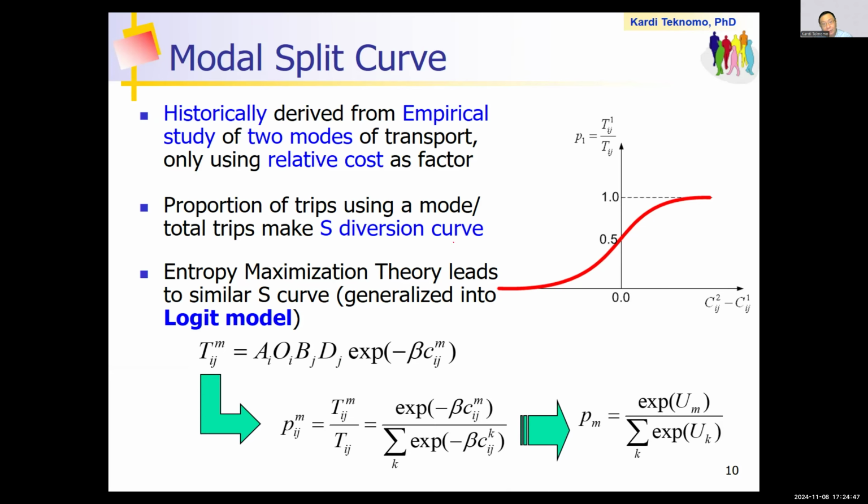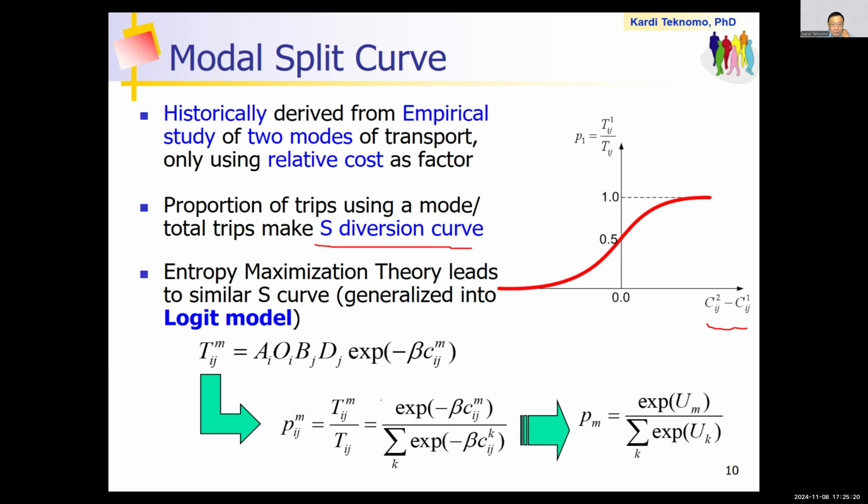There are proposals about the Logit model if you have only two modes and your factor is only one, which is cost. In this old proposal, they create what is called a diversion curve. The diversion curve is this red S curve here, which is based on exactly the same model as our OLCO, with this binary Logit model.